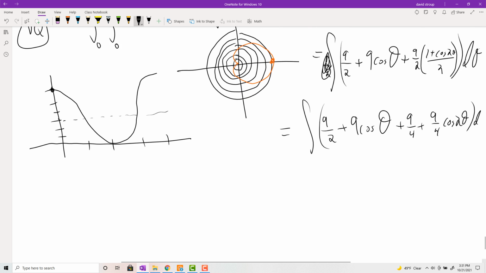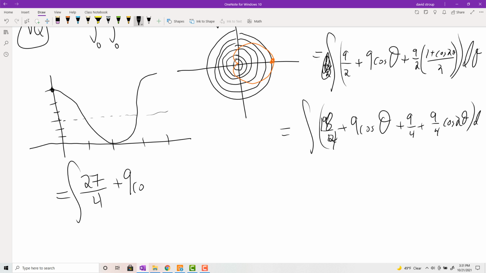Okay, I'm sorry. So combining like terms, this is 18/4 plus 9/4 is 27/4. Integral of 27/4 plus 9 cosine theta plus 9/4 cosine 2 theta, and then that's d theta.